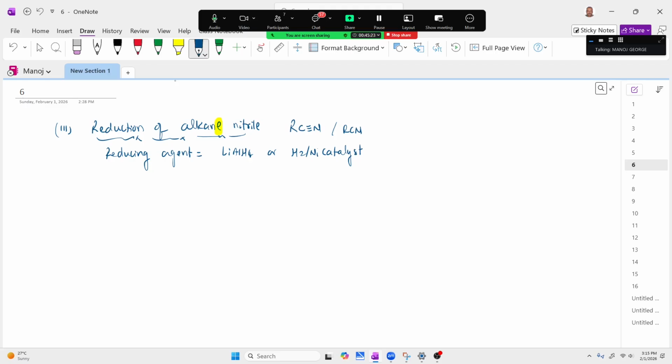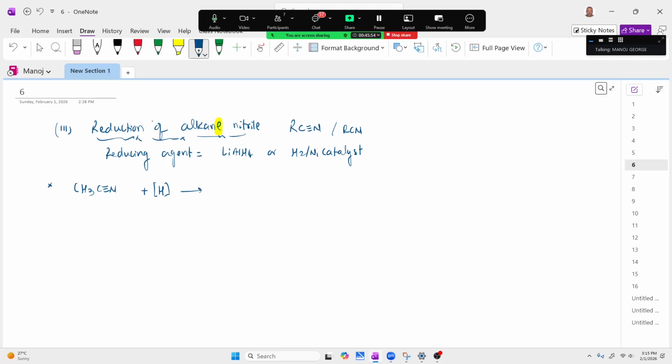Let's have a look at some equations. For example, CH3 C triple bond N. Okay, this is just so that you understand what's going on here. I want to add hydrogen. This hydrogen, the moment I put in the bracket, that's basically called nascent hydrogen.